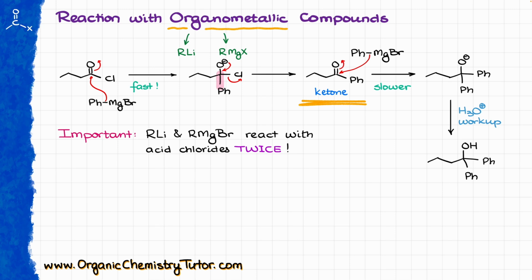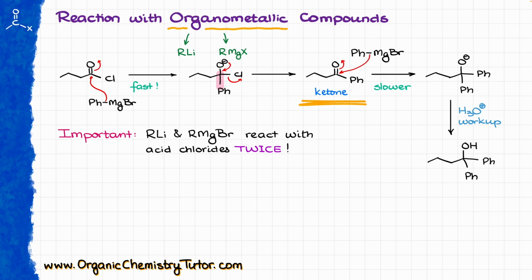And while some of those reactions have been reported, and in some cases they even give decent yields like 60-70%, stopping a reaction after only one addition is not a reliable way of making a ketone, and because of that, most textbooks do not even mention that you could potentially stop this reaction after the formation of the ketone if you're using pure organolithium or Grignard reagent.